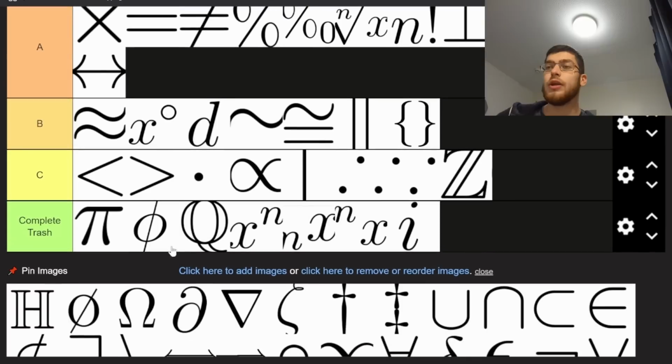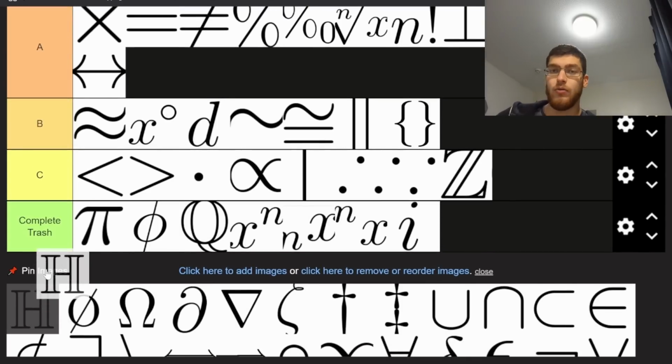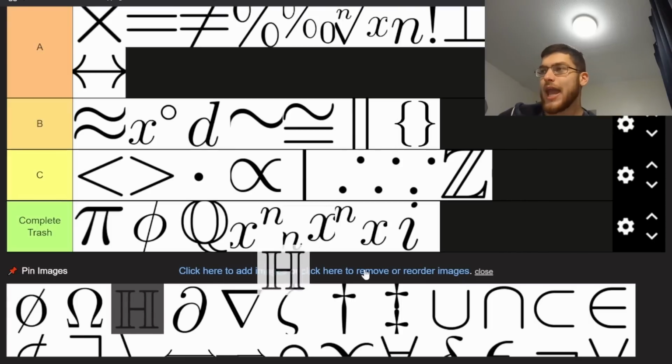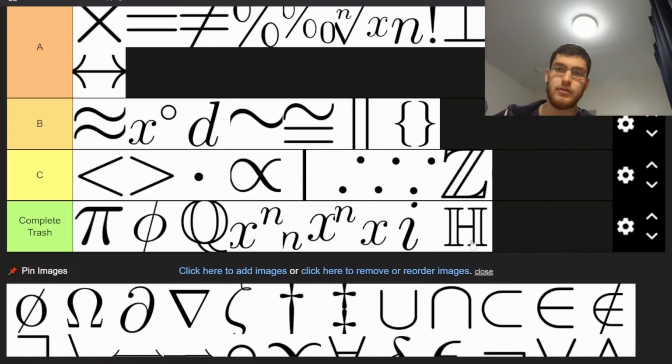Boom. Okay, this one is quaternions. Now, I get that that Q was already being used up, but come on, change the Q to something more reasonable like an F, and then change the H to Q for quaternions. Guys, it's not that hard.